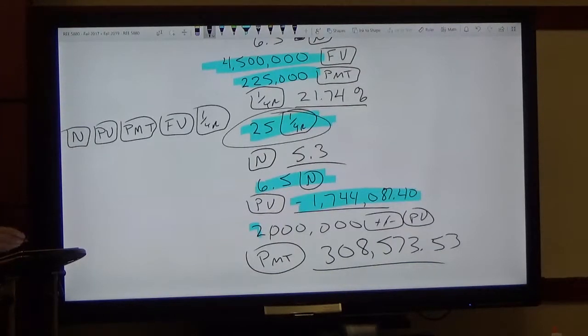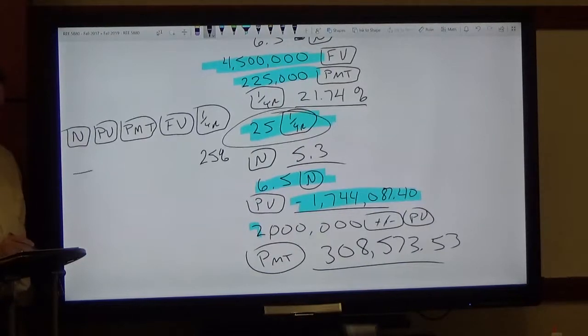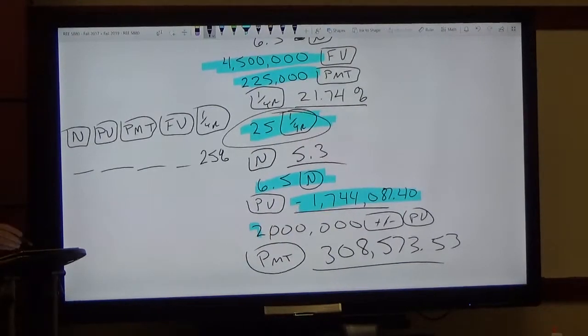Okay? And so the reality of this is, we're wanting to get a 25% rate of return, so we can change any one of those 4, and then see what the resulting impact is on basically the remaining 3. Does that make sense?